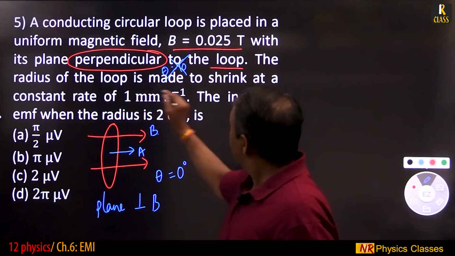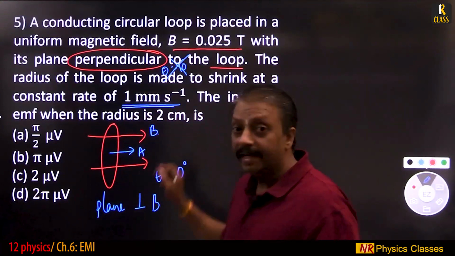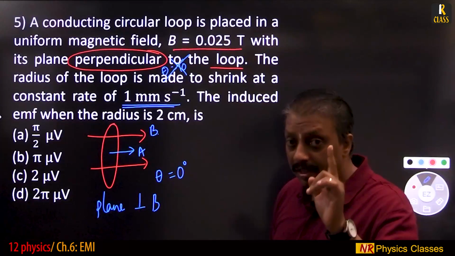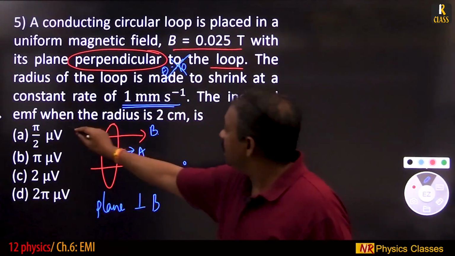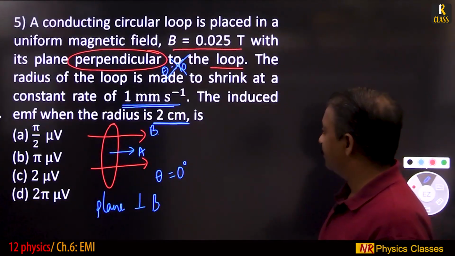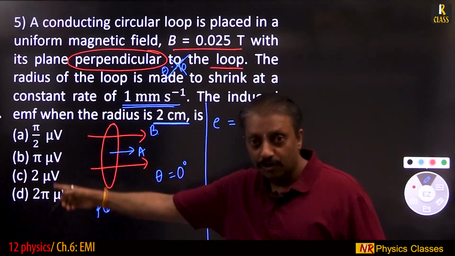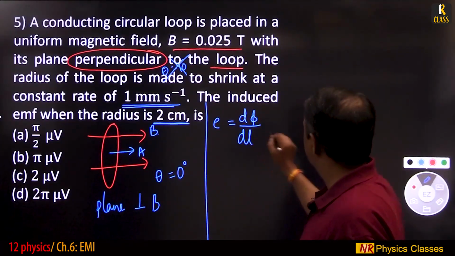The radius of the loop is made to shrink at the rate of 1 millimeter per second. Radius is changing with respect to time. If radius is changing, then area changes with respect to time. Find the induced EMF when the radius is 2 centimeter. EMF equals, there is no negative sign, d phi by dt.